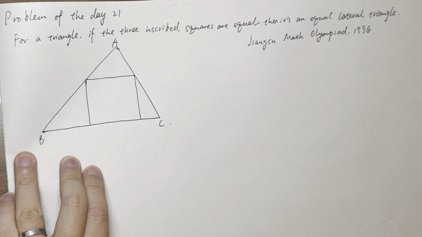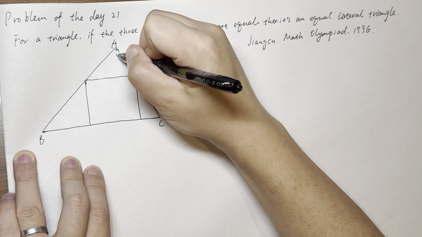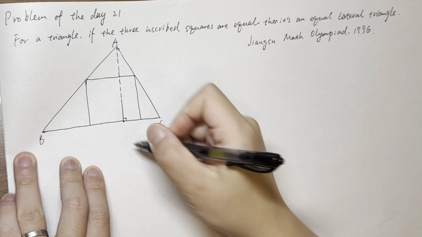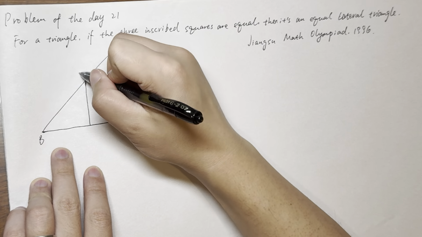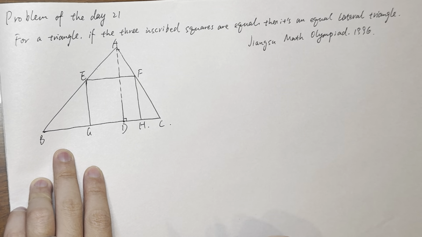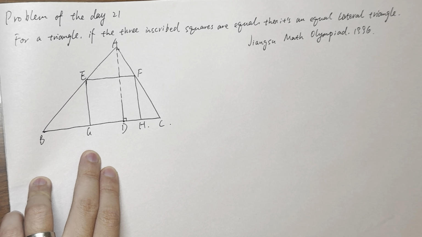That actually already tells us how to solve this problem. So let's find the altitude here. Let's call it AD, and EFGH represents our inscribed square.